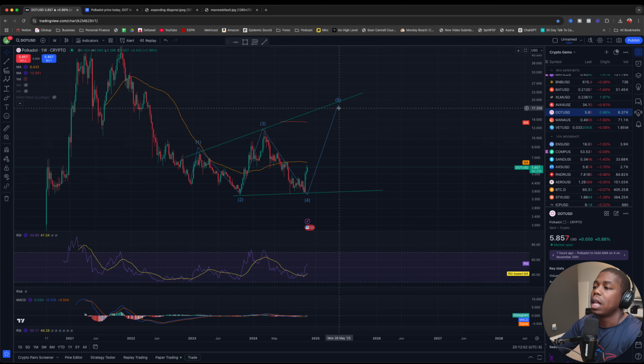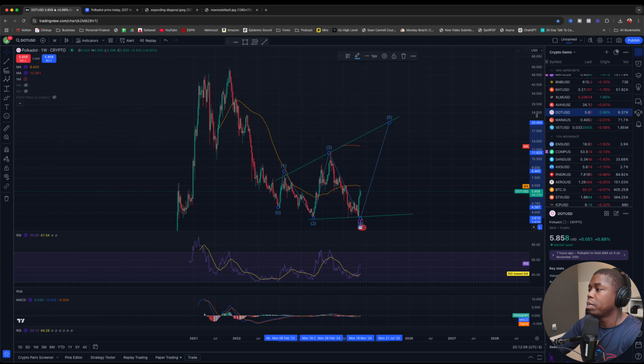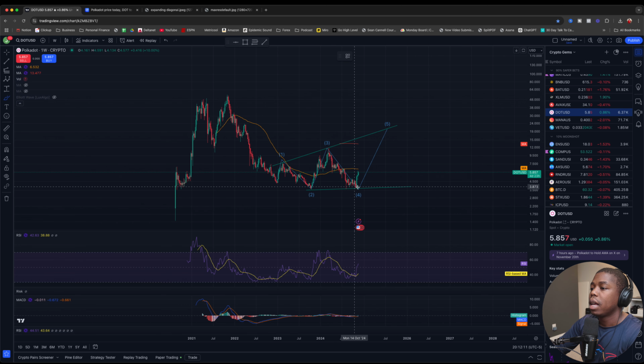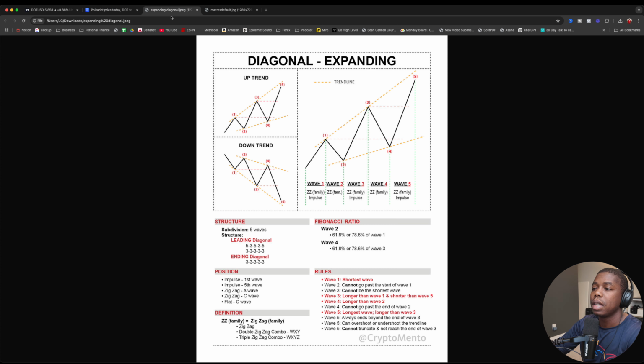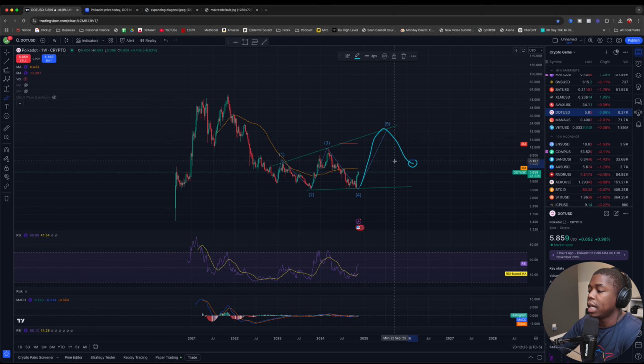So I'm going to continue to dollar cost average because I think at least we'll get to the 12 level. If this pattern keeps its proportion, I think we can get up to 20. And then if we are putting in a wave 2 right here, like we see on this, then we still have wave 3, 4, and 5 to go, potentially in the next cycle, or maybe somehow this moves really quickly and we get price to move really fast.